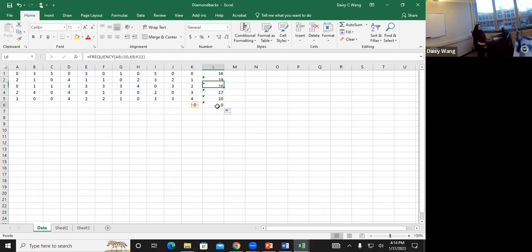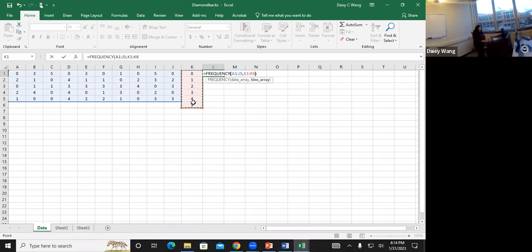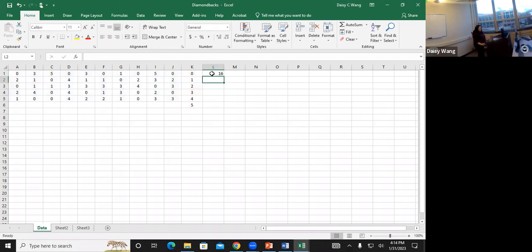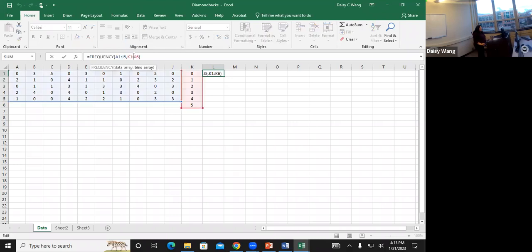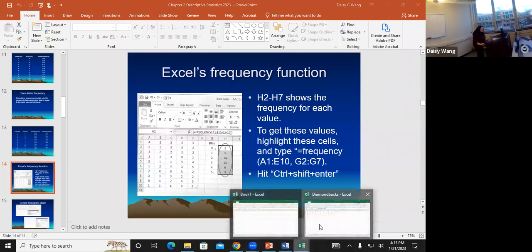Oh, wait, that's weird. But last time when I did it, it would automatically calculate everything. What's going on? Oh, wait, let me try this again.